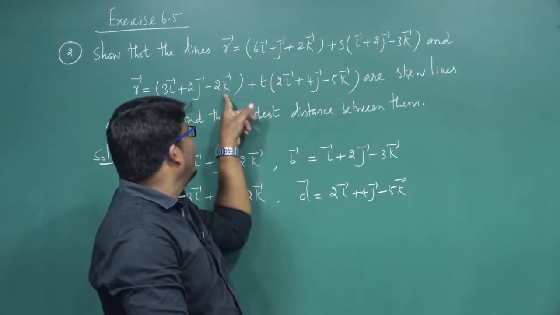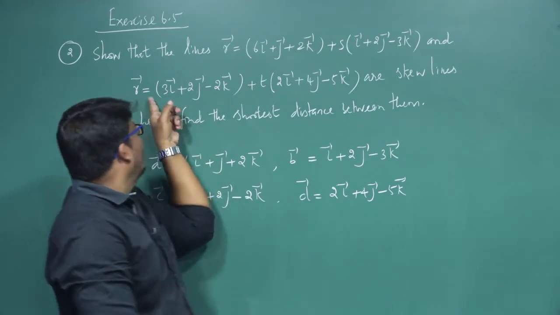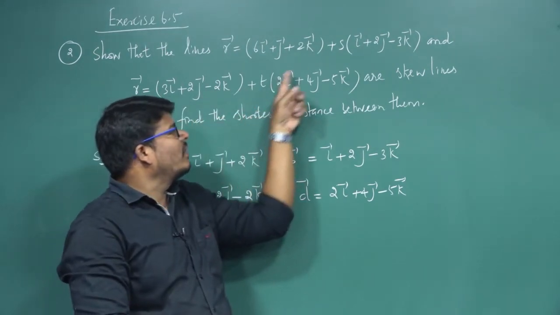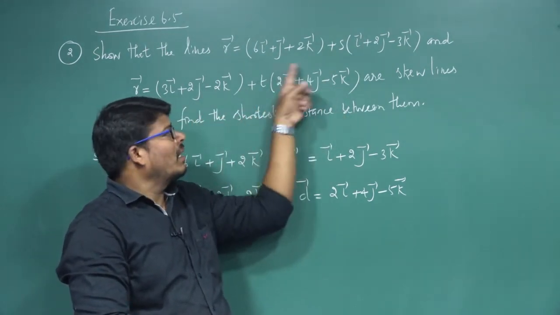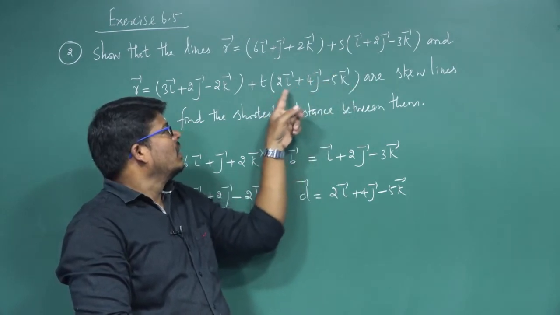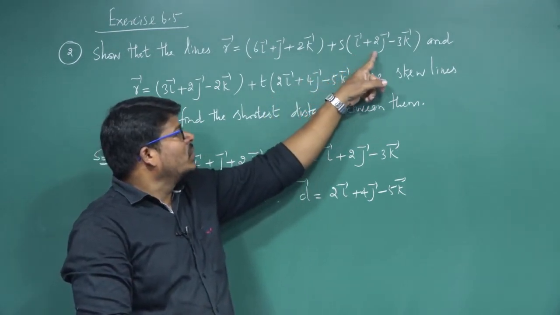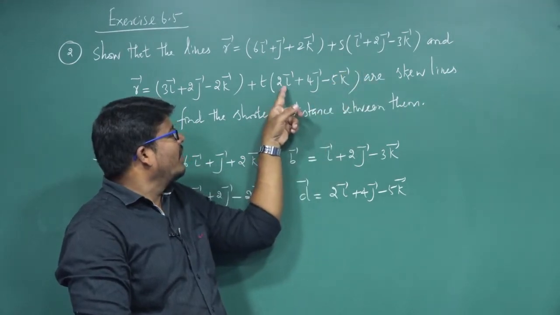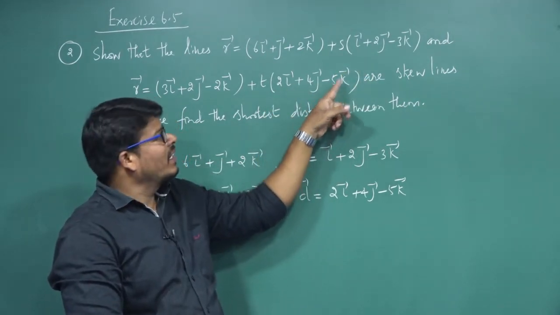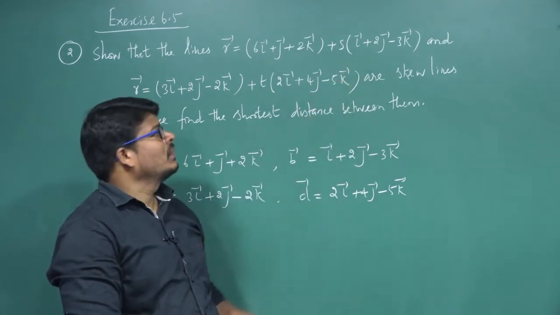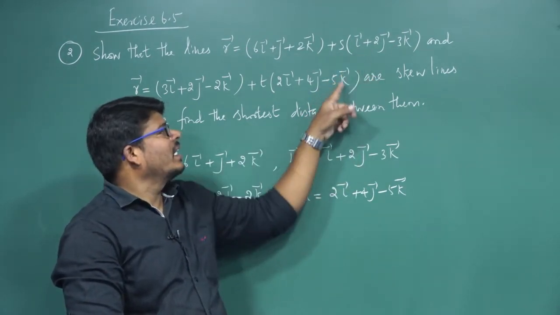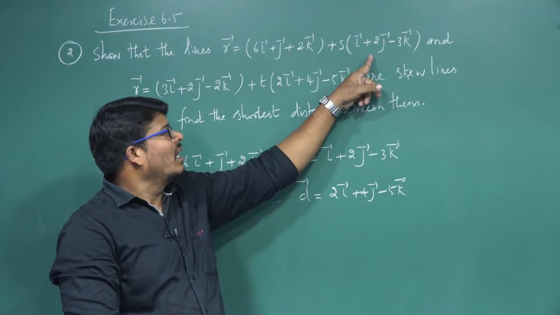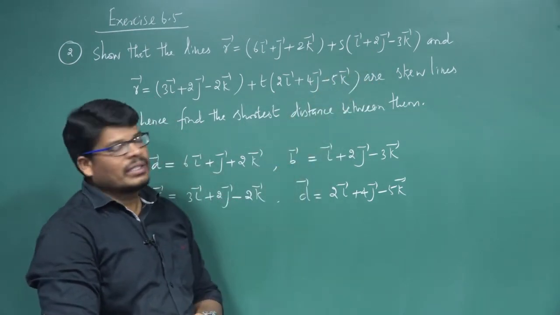The second line is r vector equal to C vector plus t of D vector, and its direction is 2i vector plus 4j vector minus 5k vector. Comparing the two directions, B vector is not a scalar multiple of D vector.